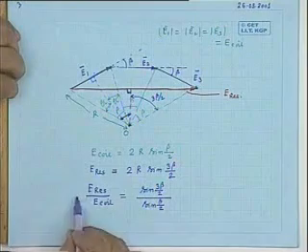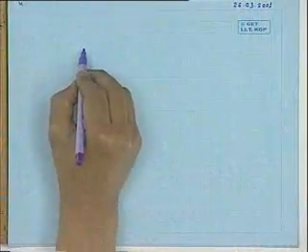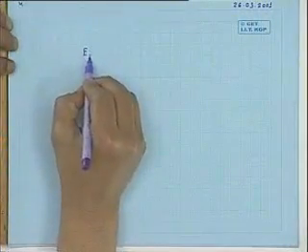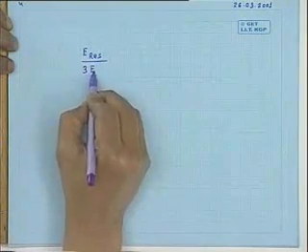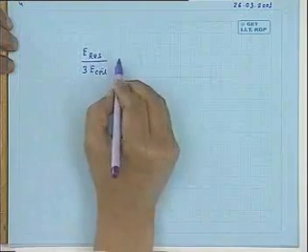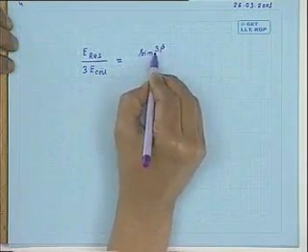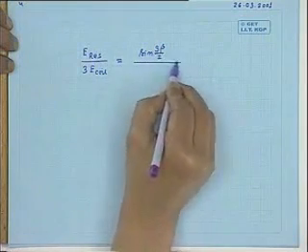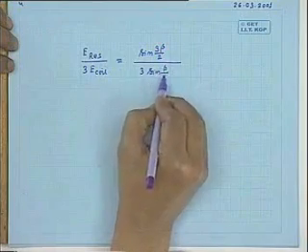Now you multiply both sides by 1/3. Then E resultant by 3 E coil will be equal to sine 3 beta by 2 divided by 3 sine beta by 2.